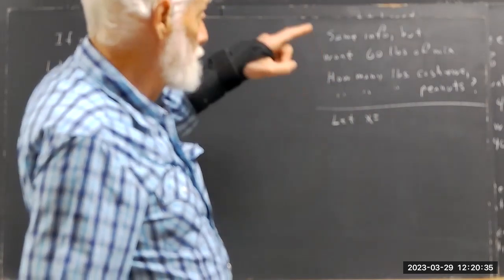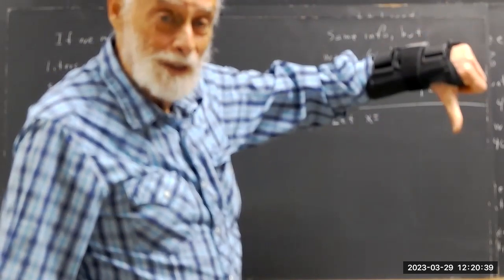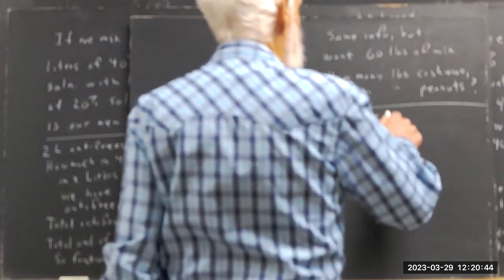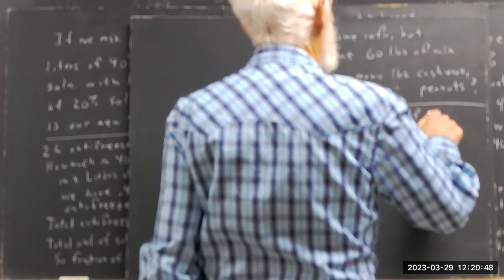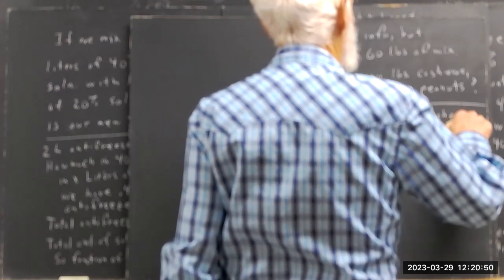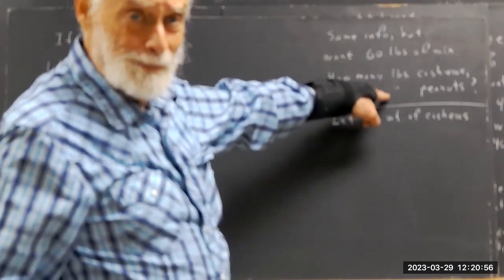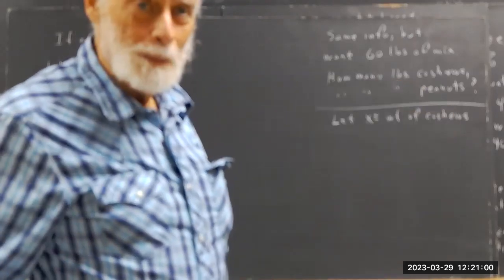Why don't we let X equal the pounds of, I don't know, cashews or peanuts? Tell me. Cashews. Okay, what are we going to do about the weight of the peanuts? We'd let it be Y, but then we'd have two variables.